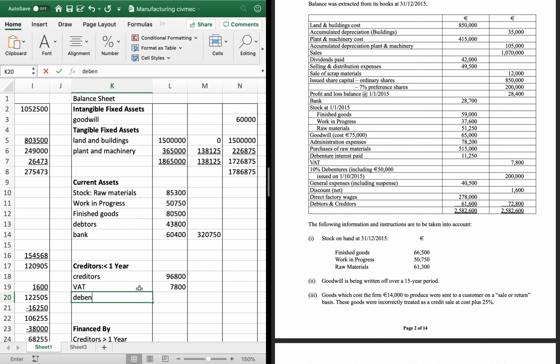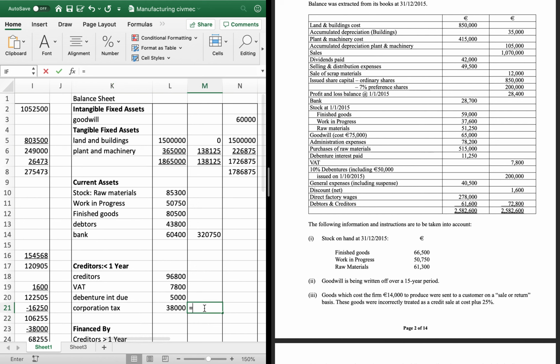So 5,000 and corporation tax of 38,000. Now, there's nothing else in on the credit side here. Creditors discount is done. That's in. VAT, I've just put in the rest of the stuff. That's all in.